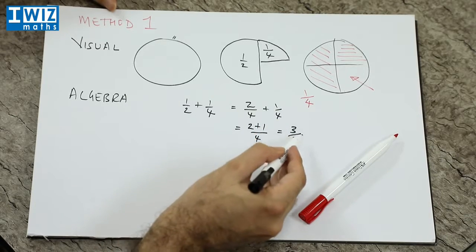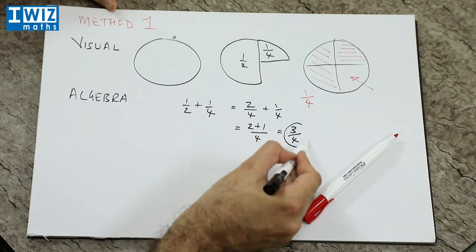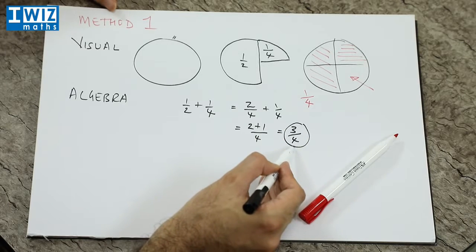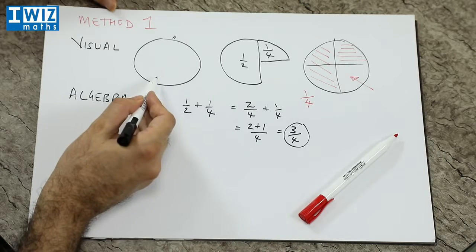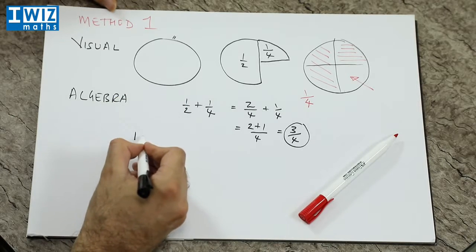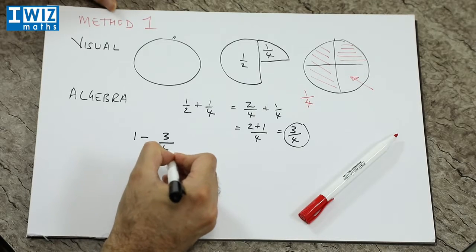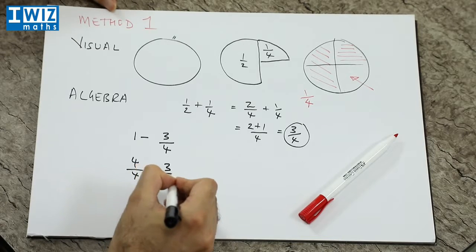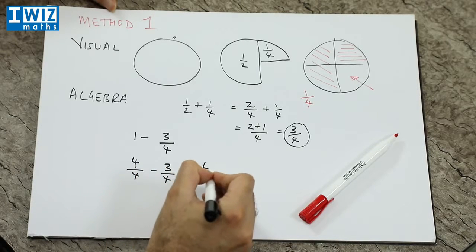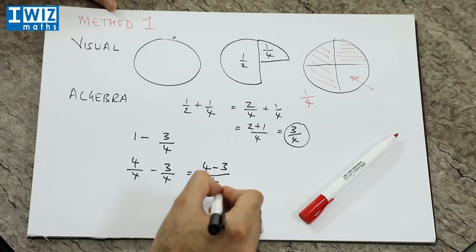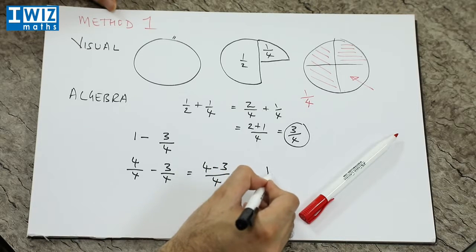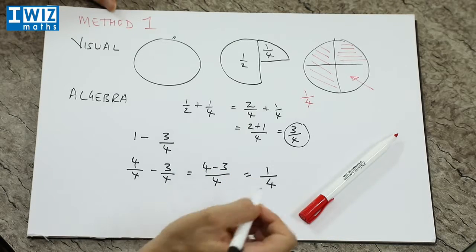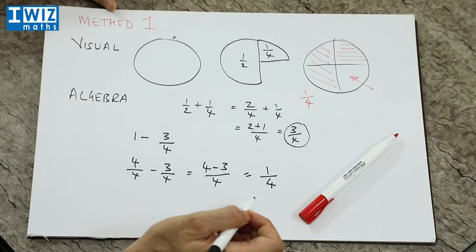And then we want to remove this quantity, which is the total amount of apple that we have eaten during the day, from the whole. So that would be 1 minus 3/4, which is 4/4 minus 3/4, which is (4 minus 3) divided by 4, which is 1 divided by 4, which is exactly the same answer that we got from the visual technique.